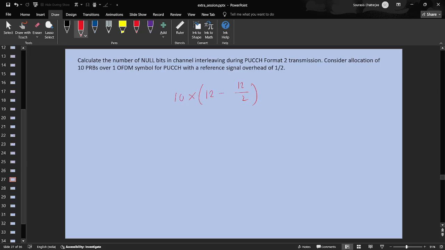Now we have 10 such PRBs, and of course the modulation order is 2. Into 2 for QPSK. So we have here 120 bits. We have seen how PUCCH should be arranged when it comes to interleaving in this format.